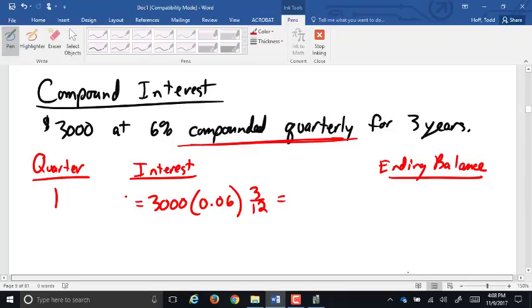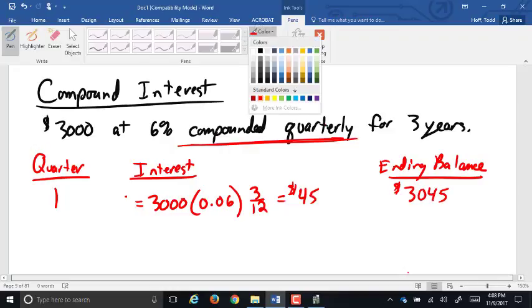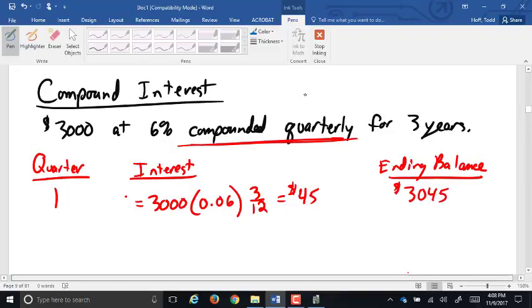What's that going to give us? Is that $45 in interest? So that gives us an ending balance of $3,045.